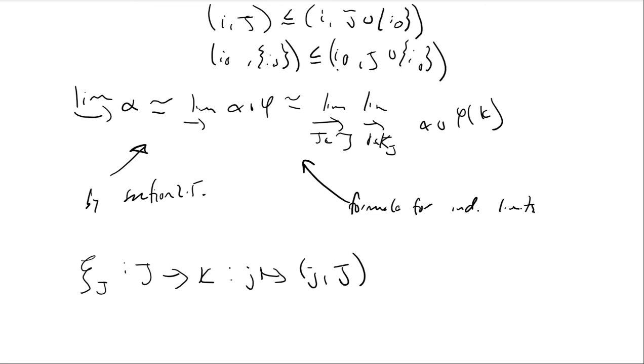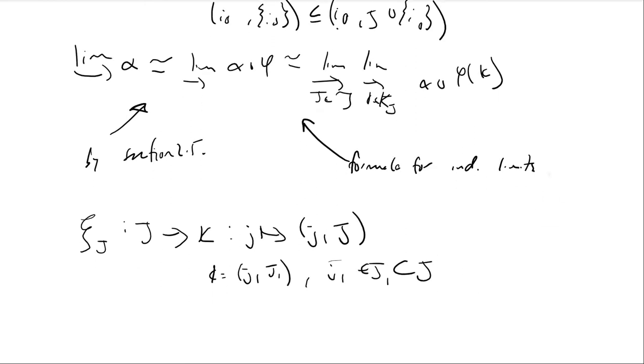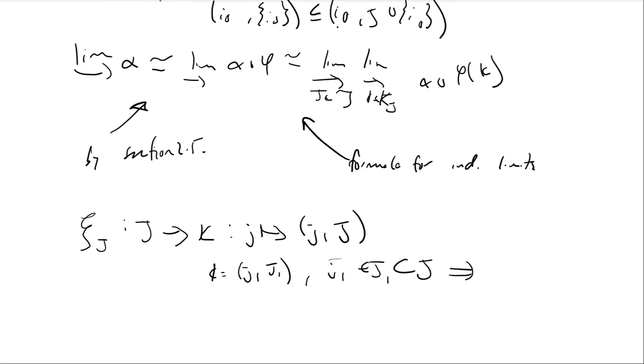If I take any k, little k, which would be the unordered pair of the form j1, big J1, then J1 will be in J1, which is a subset of J, and this implies in particular that J upper K is our set of J and J, where J1 is less than or equal to J, and this is connected.